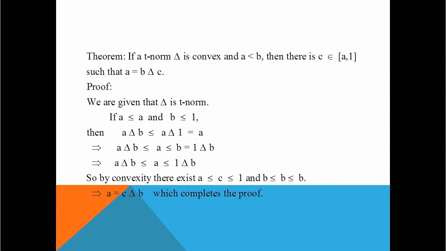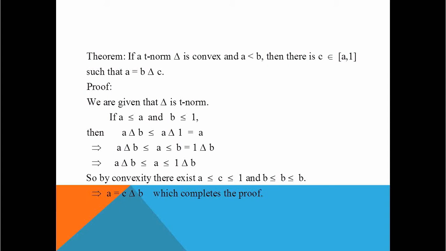Then if we apply delta, we see that a delta b is less than or equal to a delta 1. We are applying the monotonicity property of t-norm, that if we apply delta between the smaller numbers a and b, it will be less than or equal to delta applied to the larger numbers a and 1. That means a delta b is less than or equal to a delta 1.